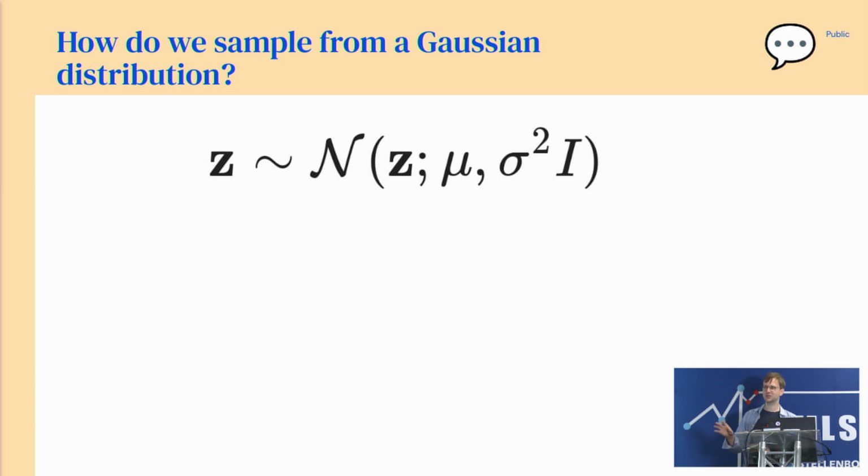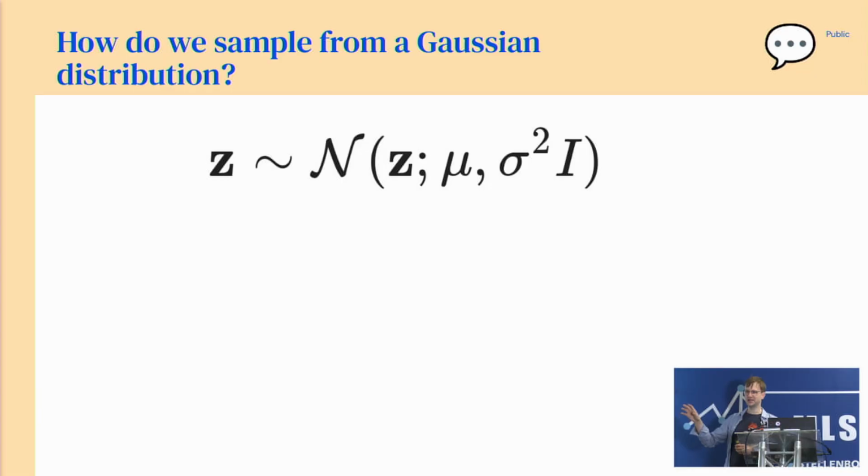You had access to drawing random variables distributed according to a normal distribution with 0 mean and scale 1, the standard Gaussian. That is something MATLAB or NumPy can give you. But they can't give you samples from a distribution with a particular mean and a particular scale.